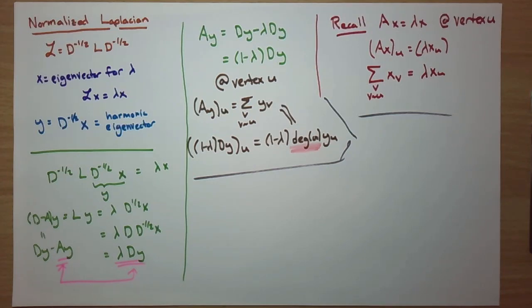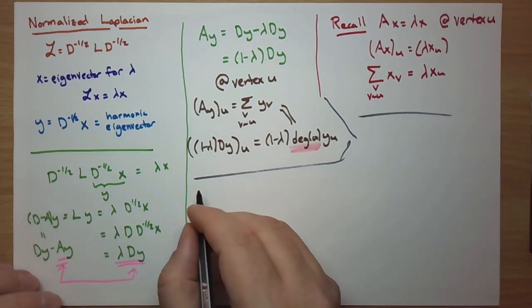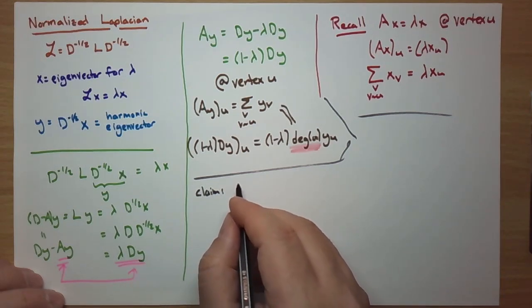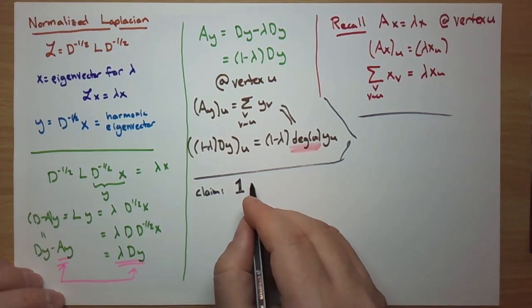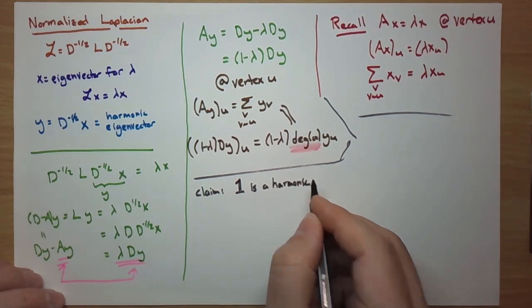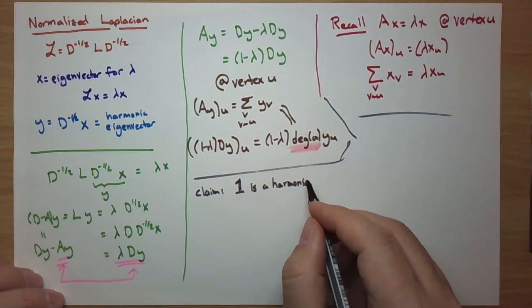It's an eigenvector that we're very familiar with. Yeah, let's look at the all ones. Okay, so the claim: the all ones is a harmonic eigenvector. Well, what do we need to check? We just have to check, does it satisfy the relationship?